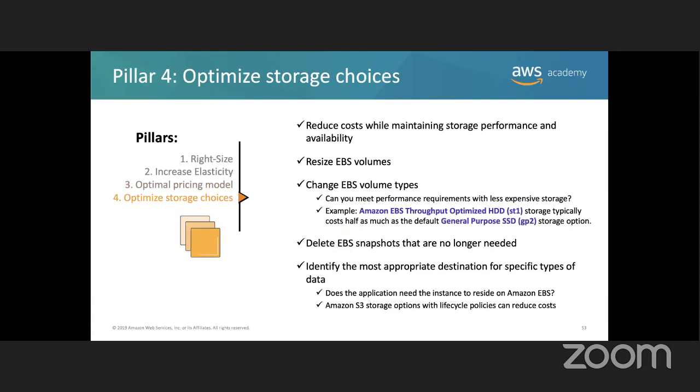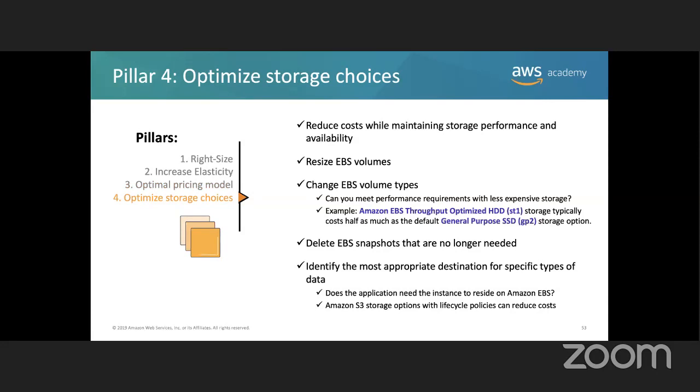Optimize storage choices. You can reduce the cost while maintaining storage performance and availability. Resize EBS volumes. You can choose a volume that is smaller than the one that you have now, or a volume that has a higher capacity. By changing the EBS volume types, you can meet performance requirements with less expensive storage.